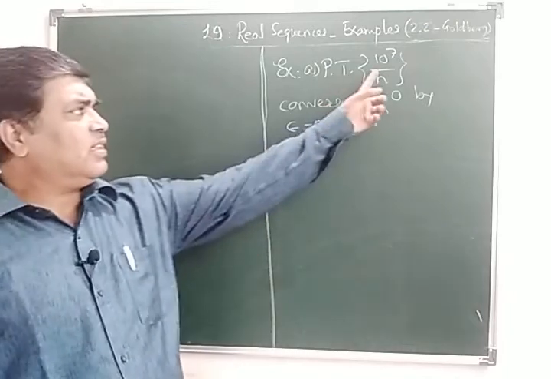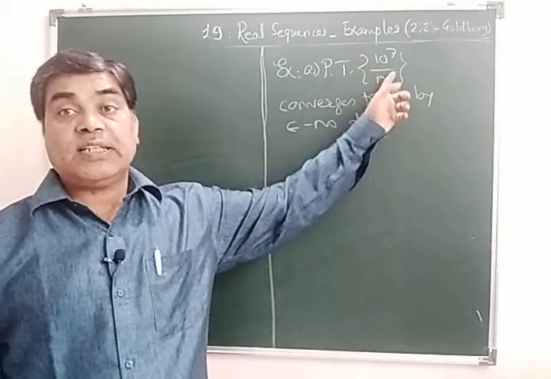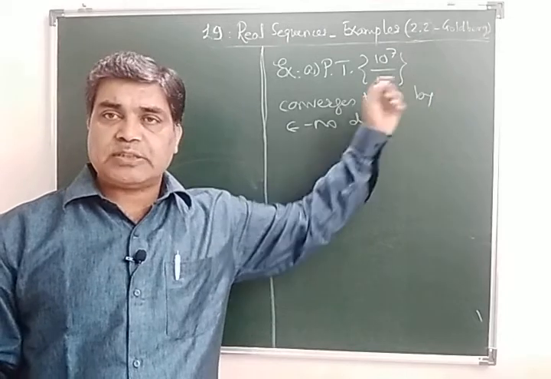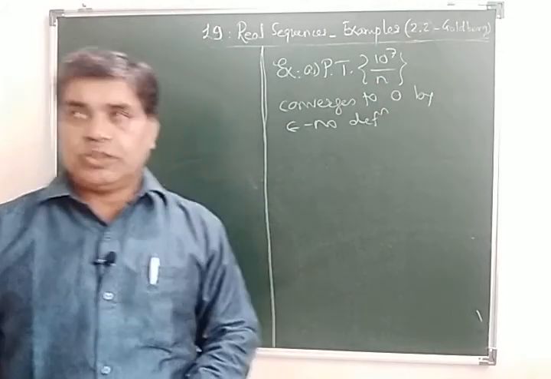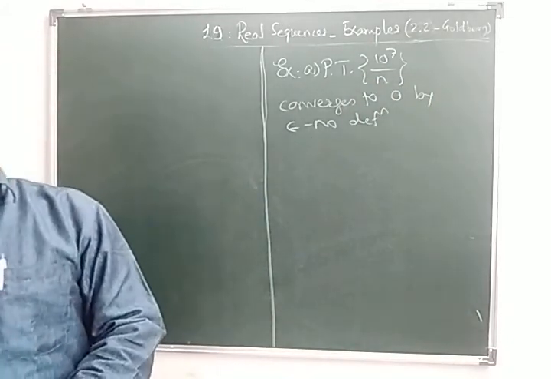As n tends to infinity, 1 upon n goes to 0, so the limit of 10 raised to 7 into 1 upon n must be 10 raised to 7 into 0.